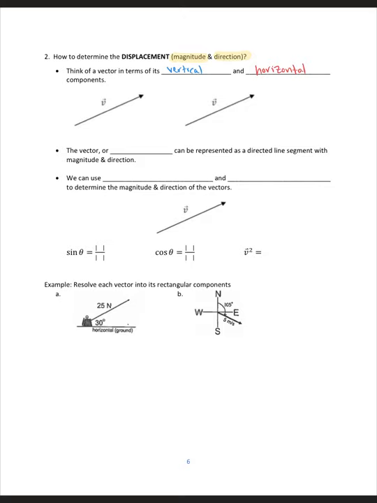So if we look at this first vector here, if I wanted to break this vector down into its horizontal, right, so let's say this was our point A, we traveled so far over here, and then we traveled up to here to get to, let's say, point B, right?